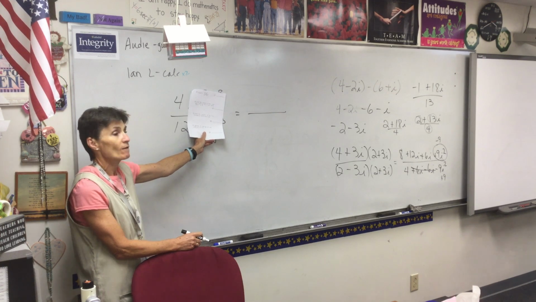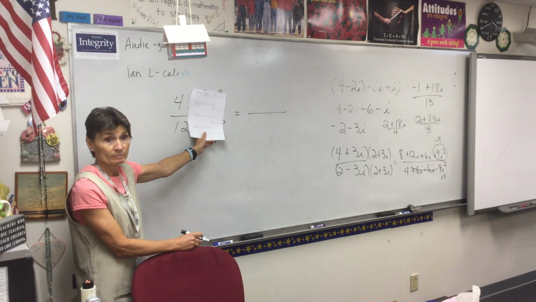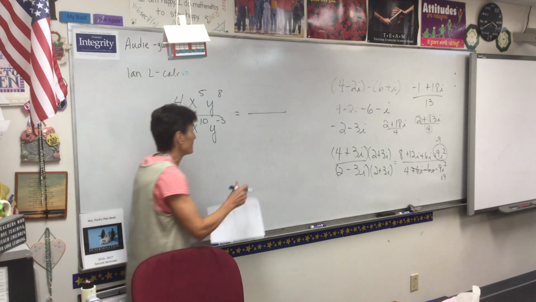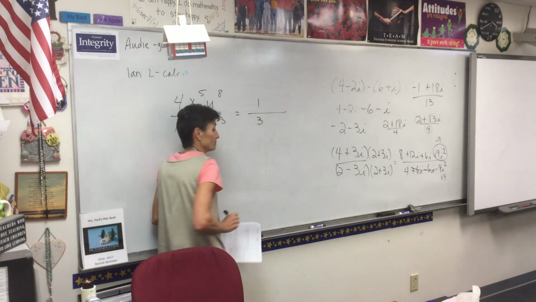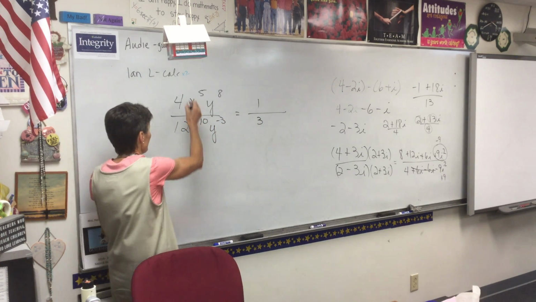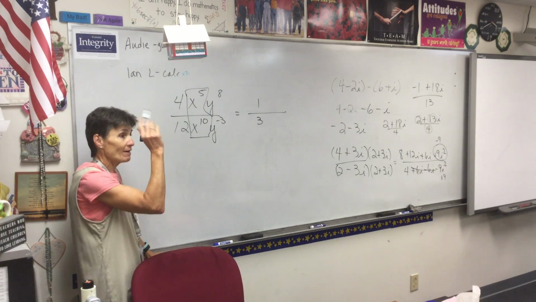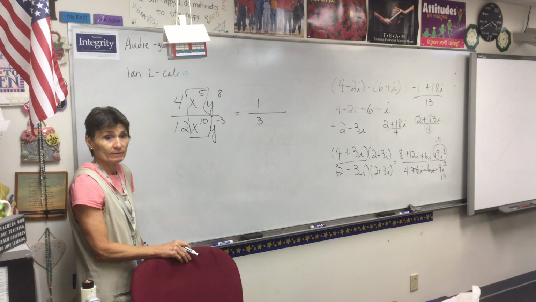Forget the variables. You have a 4 over 12. Let's not make that complicated. 4 divided by 12 would be 1/3. Now I'll look at my x's. I have 5 of them over 10 of them.